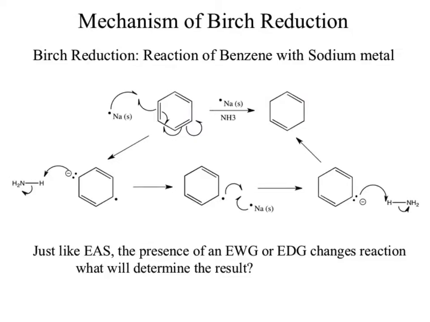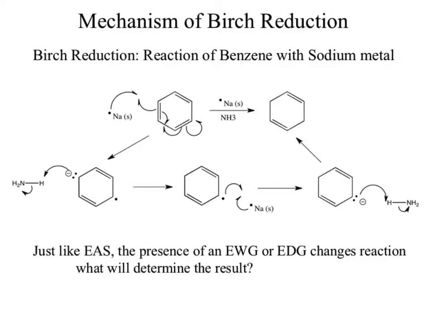So we go through and look at the full mechanism, which I believe I drew nicely there. But in this case, which double bond reacted? What's that? They're all the same. So it does not matter which double bond I reacted.